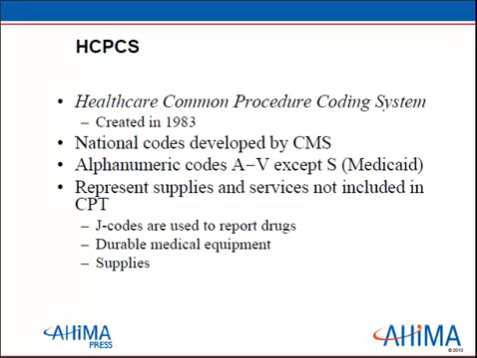HCPCS was created in 1983 and developed by the CMS. These are alphanumeric codes with the exclusion of S. They represent services and supplies that are not included in CPT, such as durable medical equipment. Things like wheelchair, splint, casting materials, and the like.